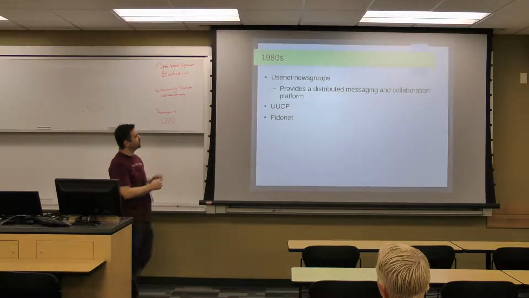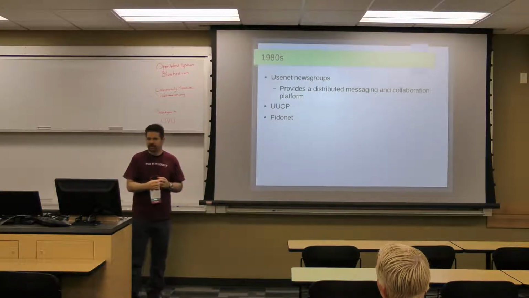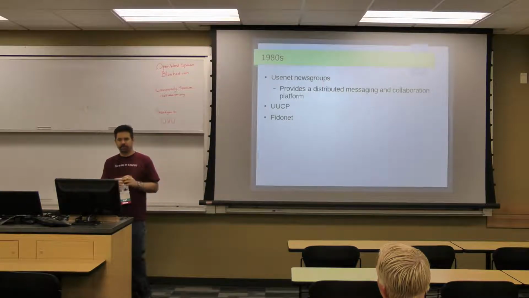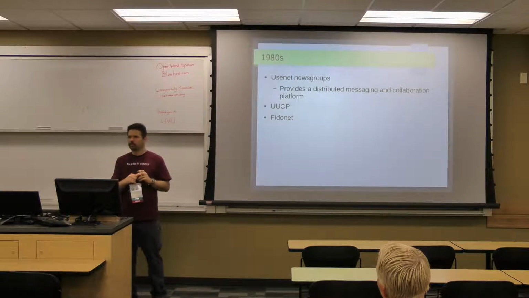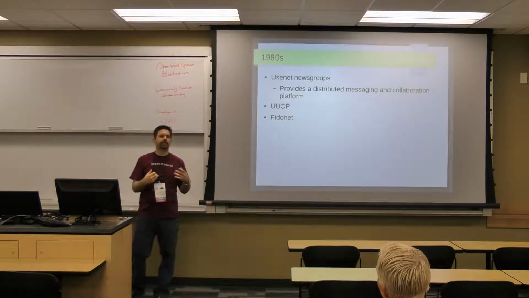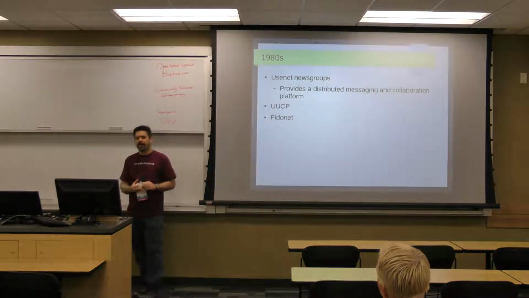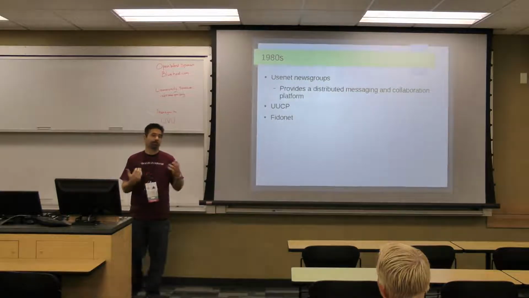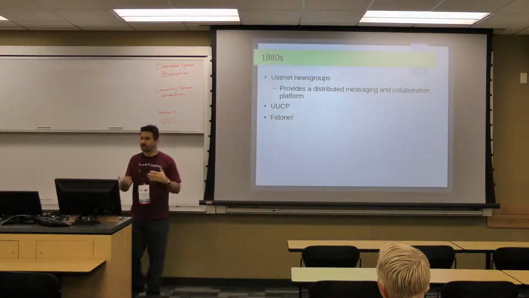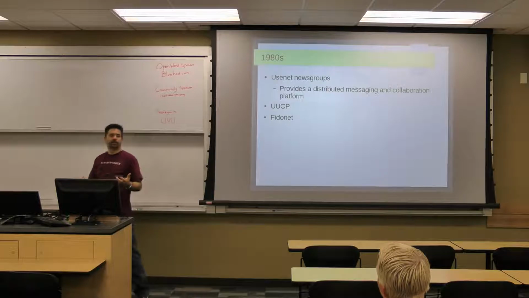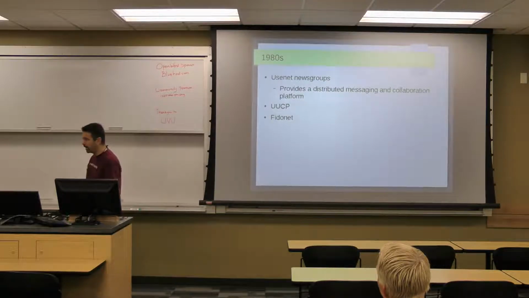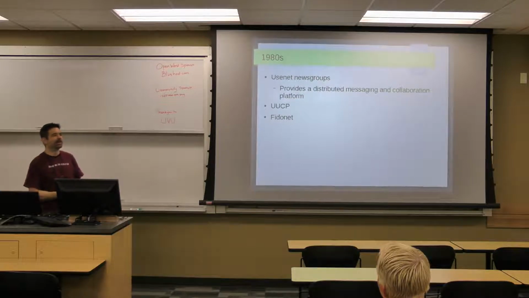I mentioned UUCP and FidoNet here because during the 1980s, of course, very few sites had real-time, always-on internet connections. But people still wanted to leverage the knowledge that was available there. UUCP stands for Unix to Unix Copy Program.